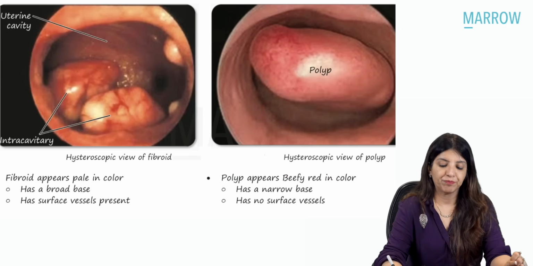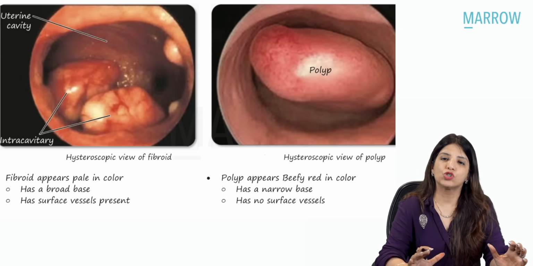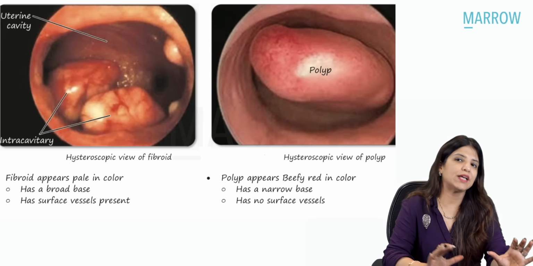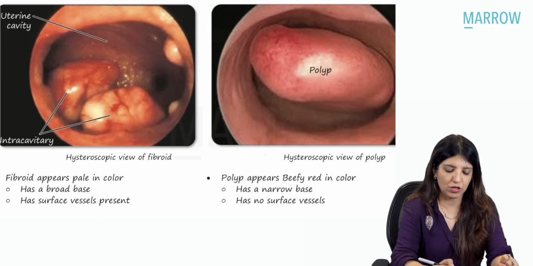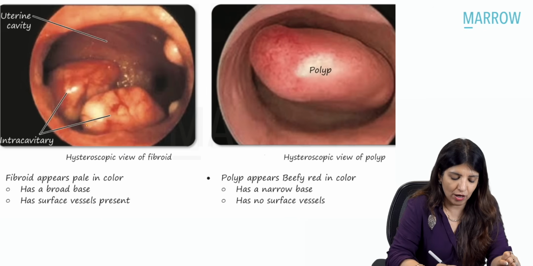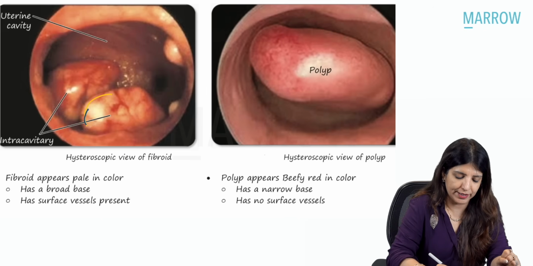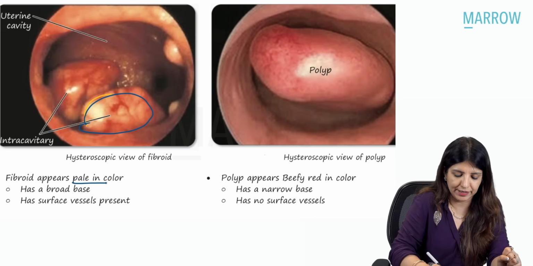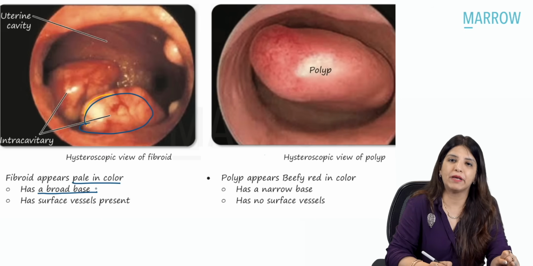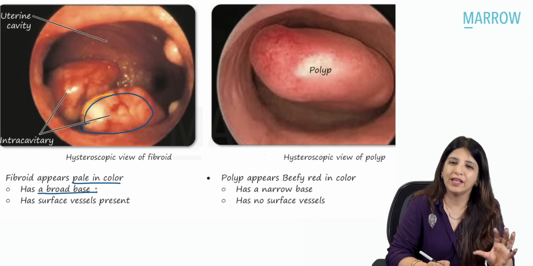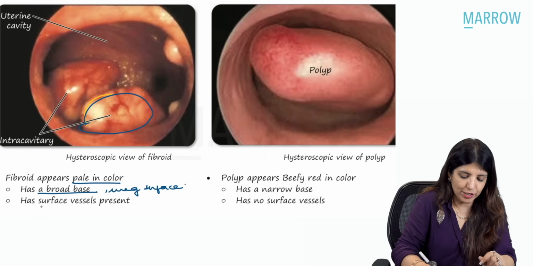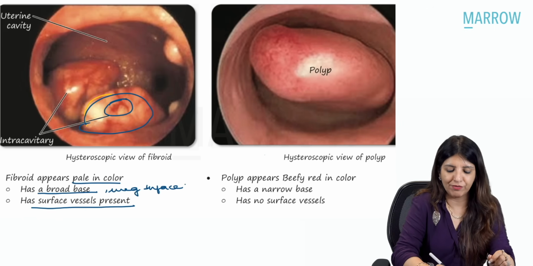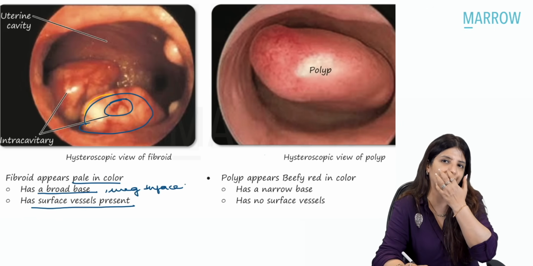Right? Then, this is how on hysteroscopy a fibroid and a polyp are going to appear. Whenever on hysteroscopy you see that the growth inside the uterus is pale in color, has a broad base, has an irregular surface, plus it has surface blood vessels, that means you are looking at a fibroid.